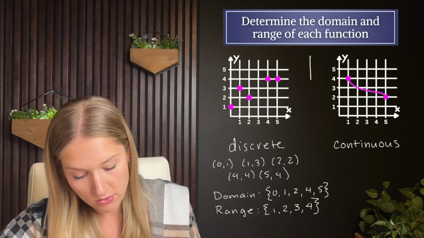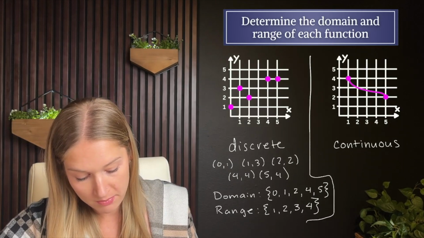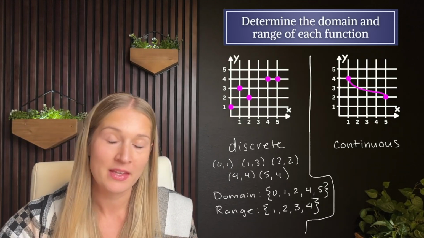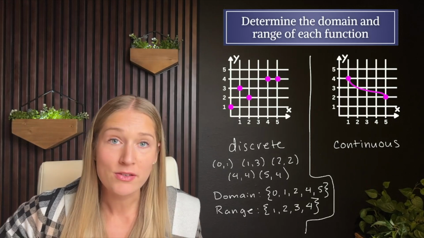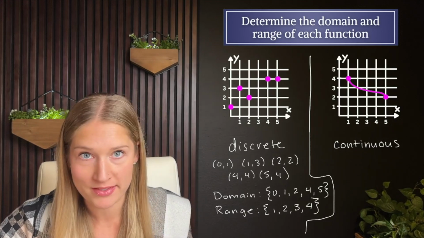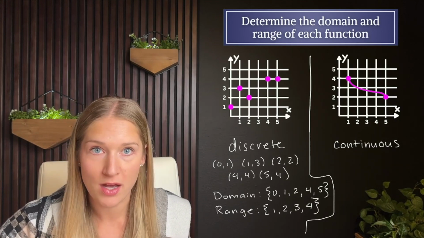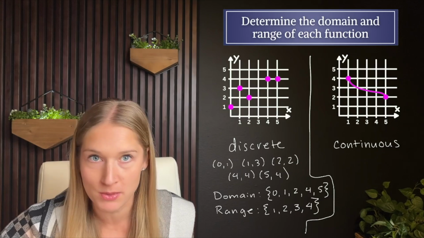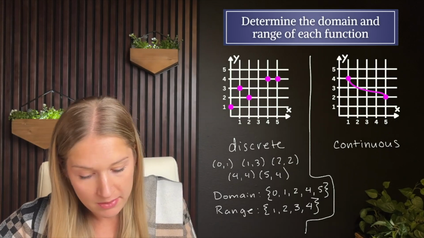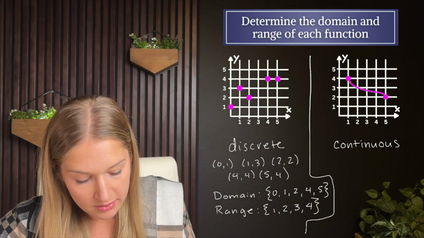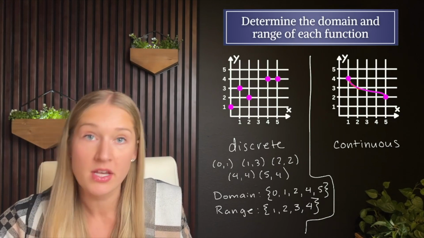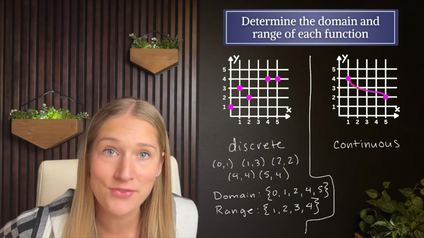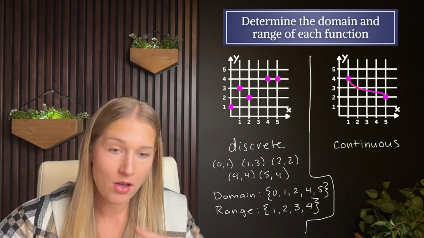Now, looking over at the right, we'll talk about the continuous data. For continuous, there are so many points connecting each of the two dots that I'm never going to be able to list them all out. I have a point here, here, here, here, here. There are millions and millions, actually an infinite number of points along that pink curve.